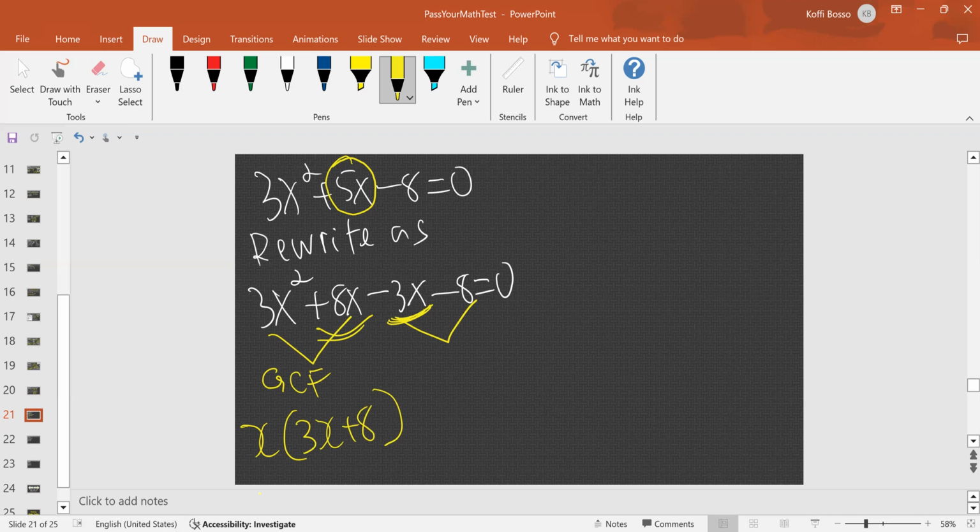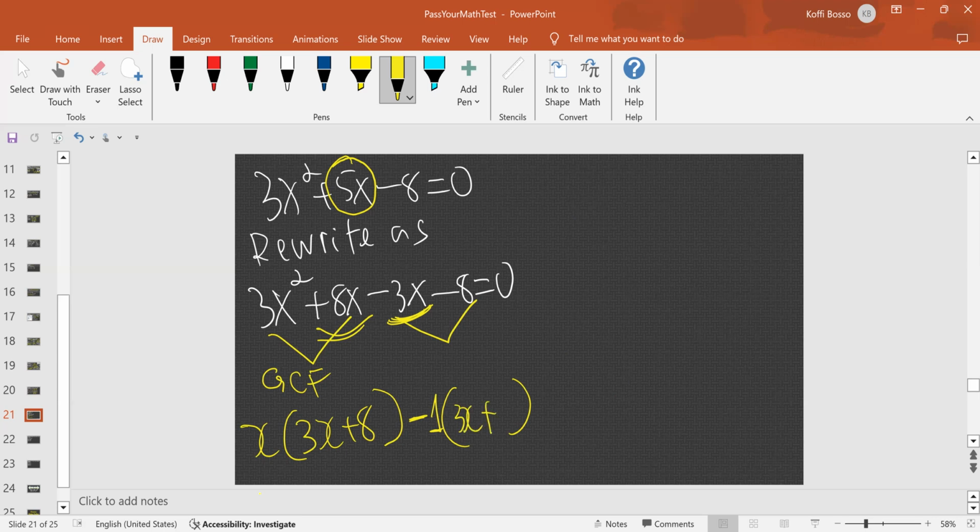Okay, other side, what do they have in common? Only negative 1. Because we have a negative 3x and negative 8. So it's like a negative 1 multiplied by 3x and a negative 1 multiplied by 8. So the negative 3x is like negative 1 multiplied by 3x. Okay.